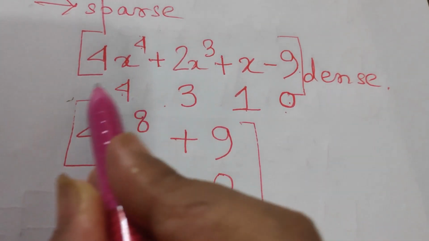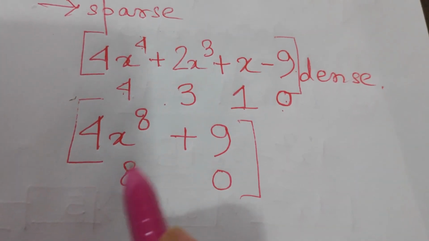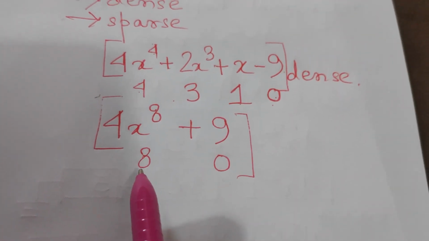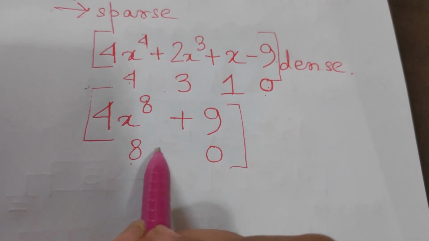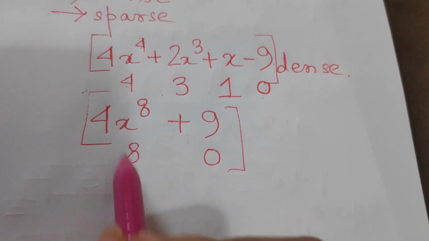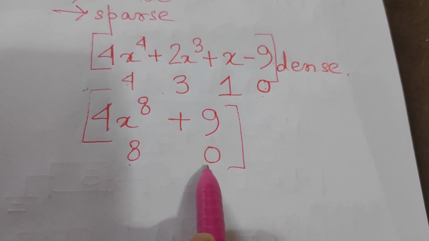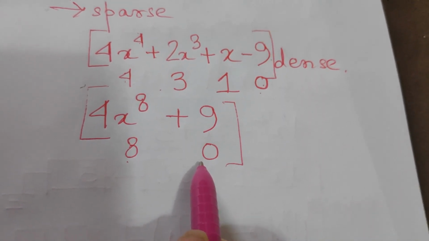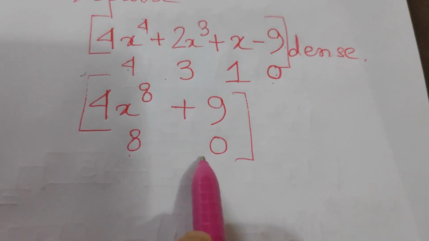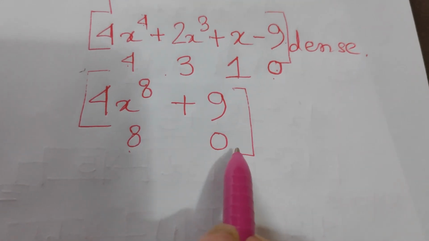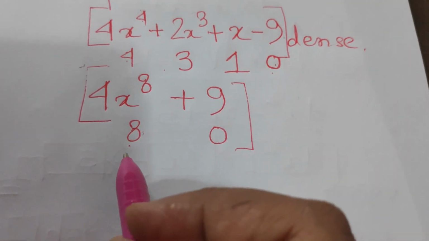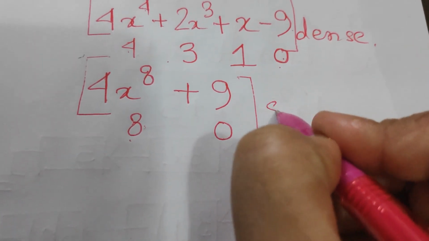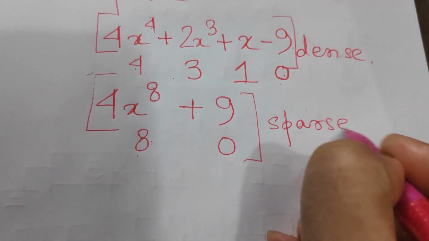Now if we look at the polynomial, highest exponent is 8 and the lowest exponent is 0, and all the exponents which might appear in between these two exponents are not present. So out of the 9 exponents that are possible between 0 and 8, only 2 are present. So that's why we call it a sparse polynomial.